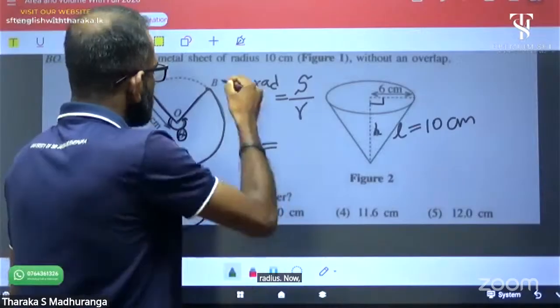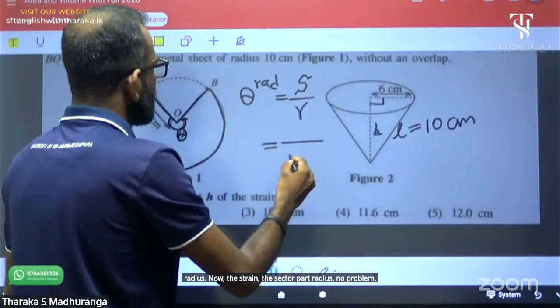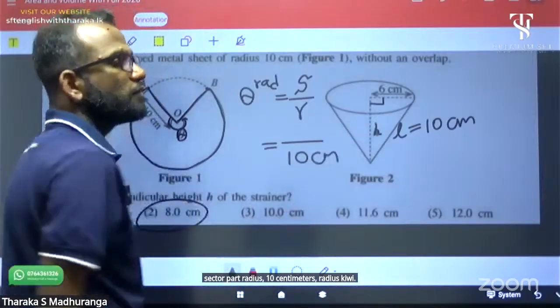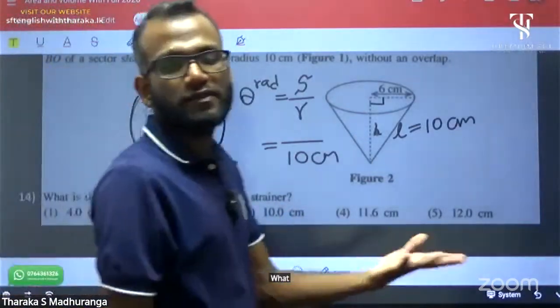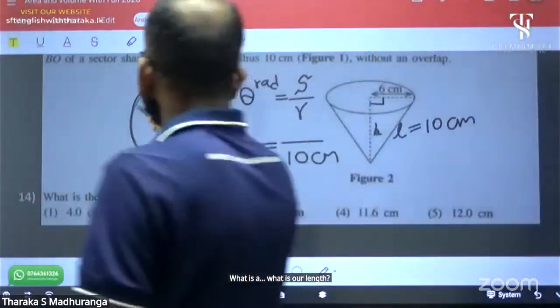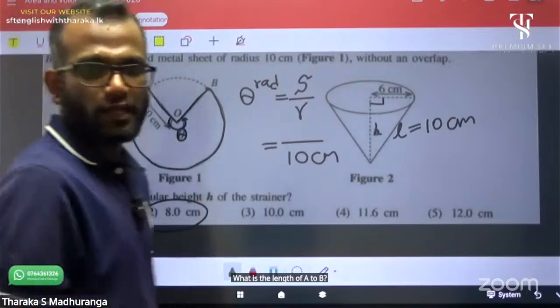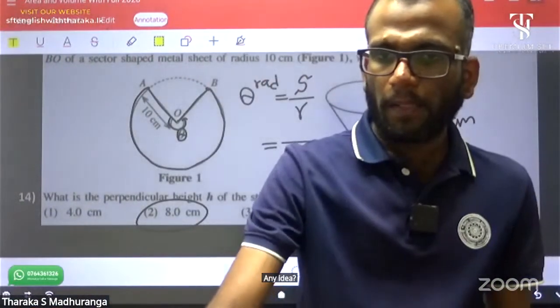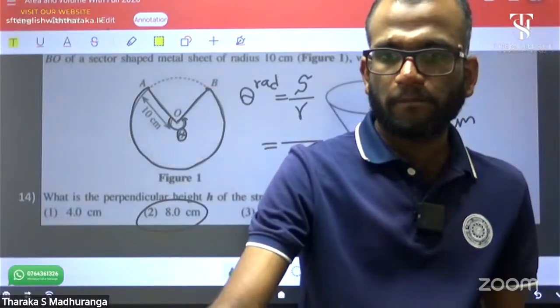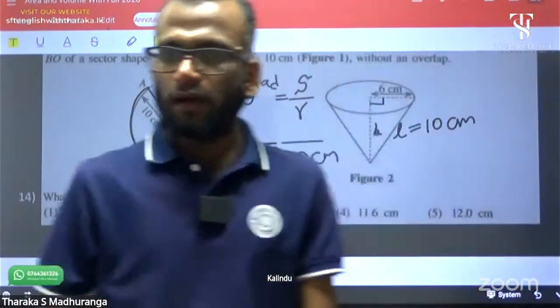Now the sector part radius, no problem. Sector part radius 10 centimeter is given. But the problem is, what is the arc length? What is this length, A to B? Any idea? How to find this arc length?